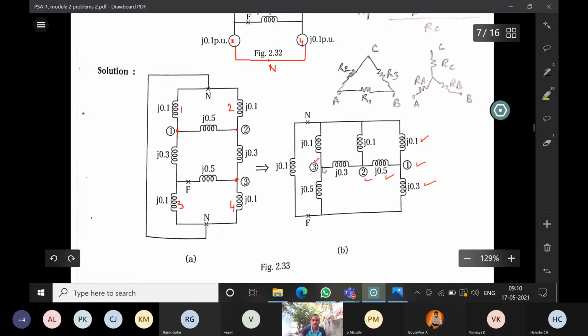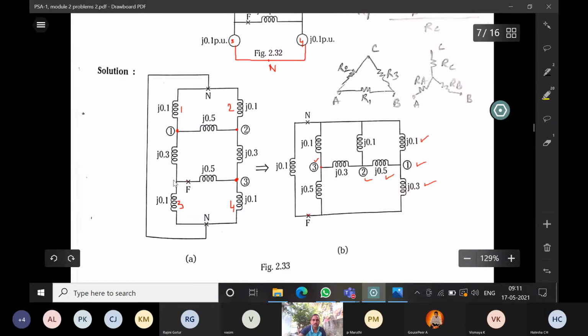Come to the third node. The third node also has three reactances, point 0.3, point 0.1 and point 0.5. Point 0.3 already connected, point 0.1 and point 0.5. Okay, and after the third node we have a fault point here.